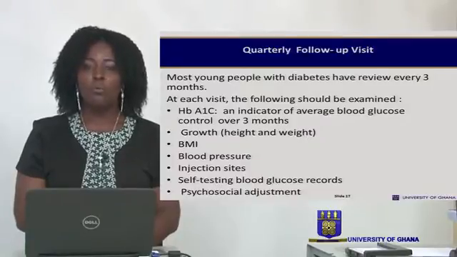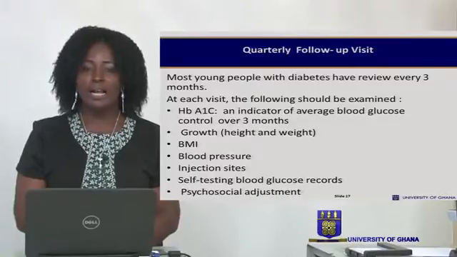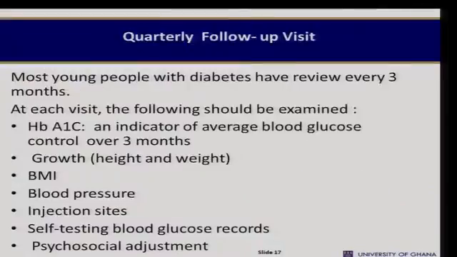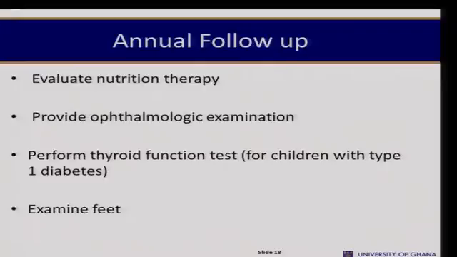And also we have to check their BMI and also blood pressure. The injection site must be examined for any signs of infection for early identification and treatment, and also go over other things that we need to promote their health.